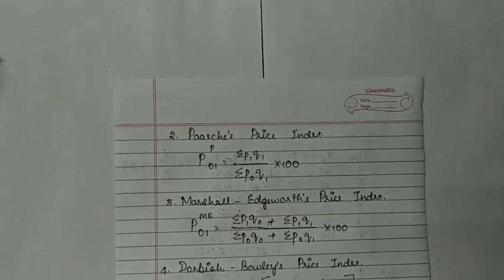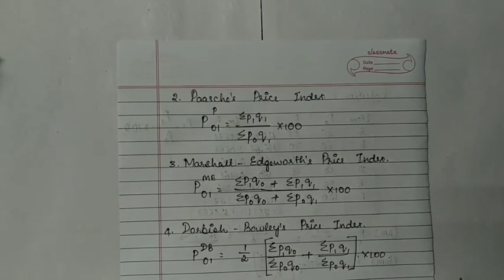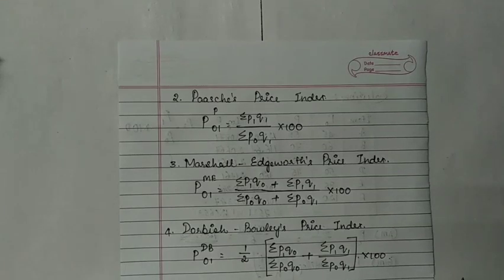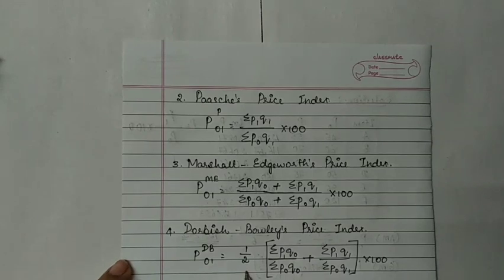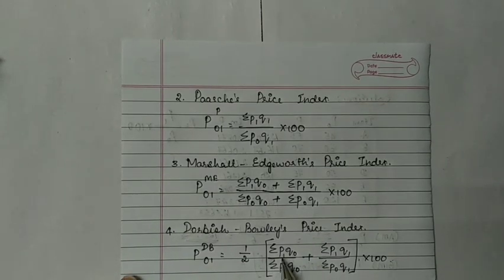And the next one is Dorbish-Bowley price index. So here P01 is equal to 1 by 2 of summation P1 Q0 divided by summation P0 Q0 plus summation P1 Q1 divided by summation P0 Q1 multiplied by 100.